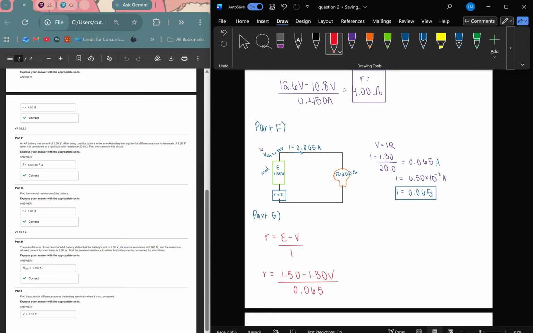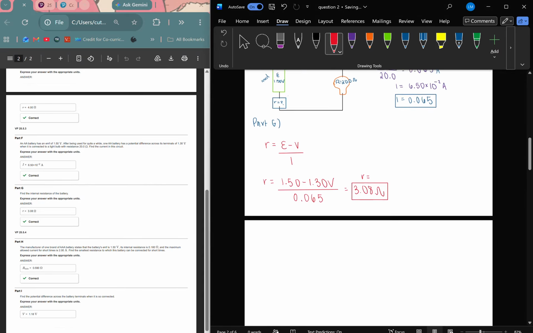So let's do that. 1.50 minus 1.30 volts, divided by 0.065, which gives me the number as 3.0769. We're going to round it to 3.08 ohms. So that is what I got for internal resistance.